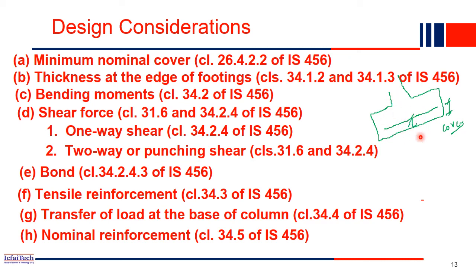But for the foundation, the value of cover will be maximum. Why? Because the foundation will have surrounding soil, and in the soil there will be many chemicals. That chemical may react with the reinforcement we provide, and our reinforcement may get corroded. That's why we have to provide very high cover in case of foundation design.